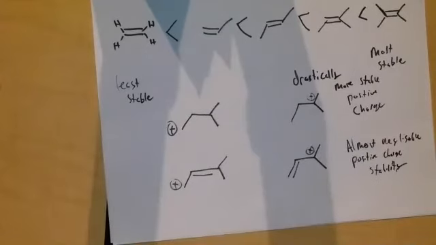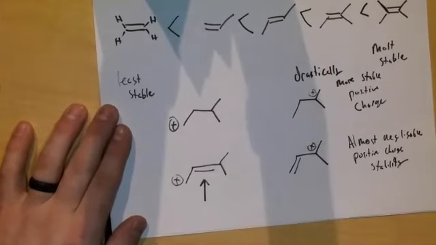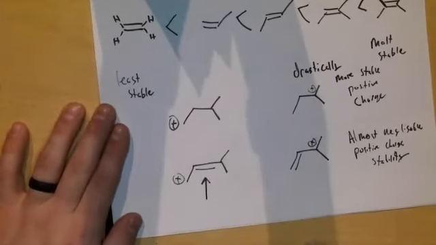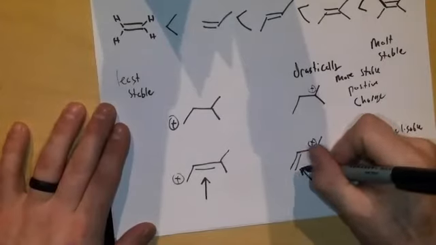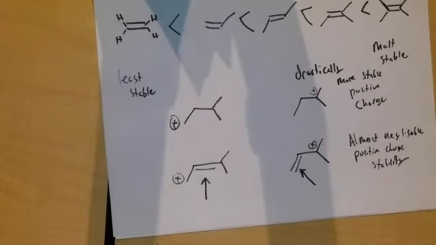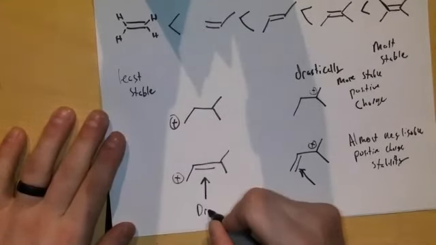But on the other hand, this double bond has 3 substituents to it, versus this double bond has only 1 substituent to it. So this is a dramatically more stable double bond.